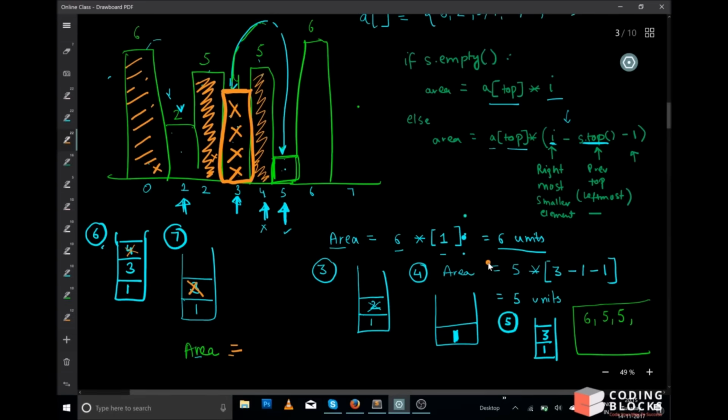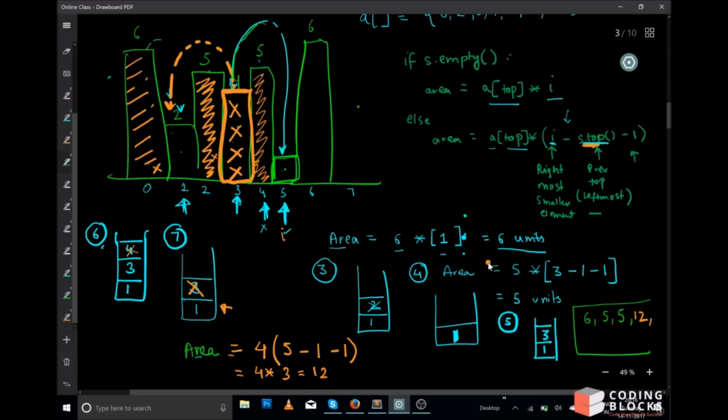It is the height of this bar, which is 4 units, into the hindrance at the rightmost unit, which is at the index 5, minus the hindrance at the leftmost unit, which is at the index 1, which we can know from this place, because after removing this, the new top is now 1, right? This was the old top, the new top is at 1, minus 1, right? So this is going to be 4 into 3, and this is going to be 12 units now.